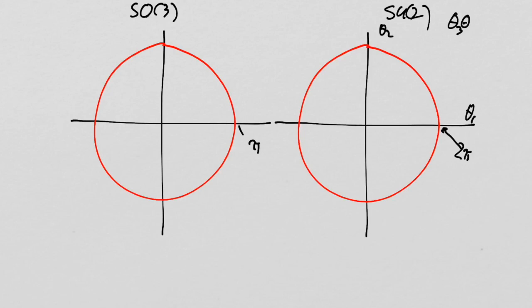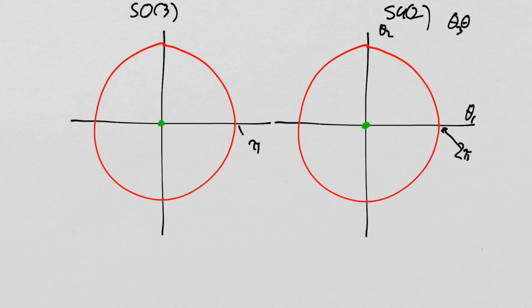So we're now going to look at paths inside these two topological spaces, and those paths are going to start at the origin, right? They're going to start here. So there are paths that start at the origin and end at the origin.